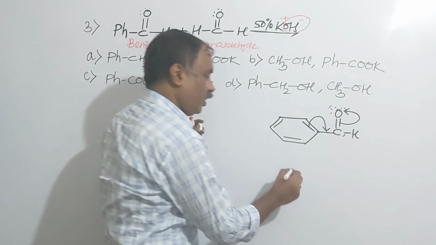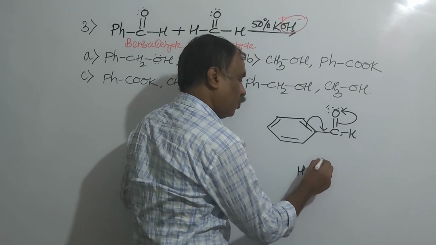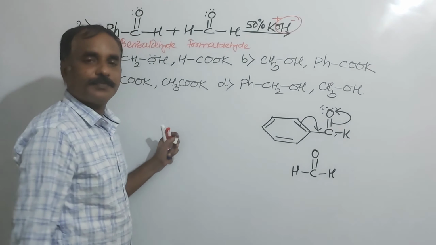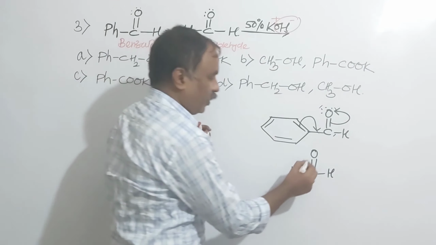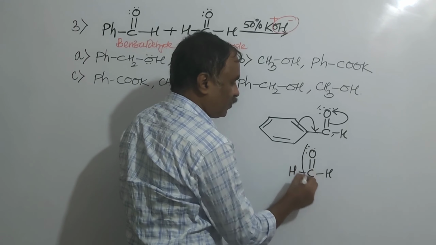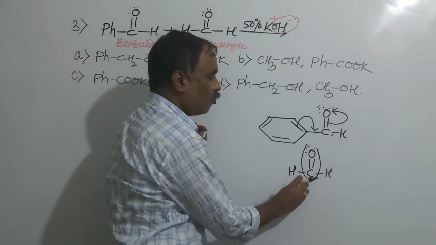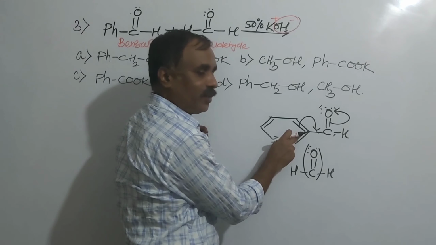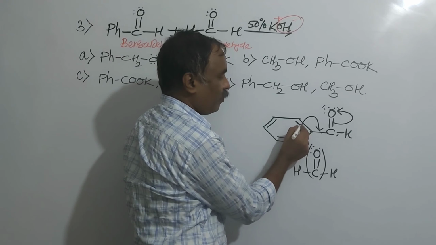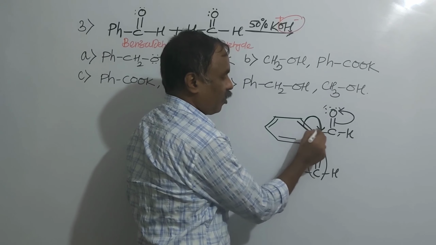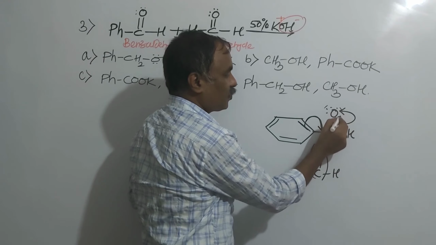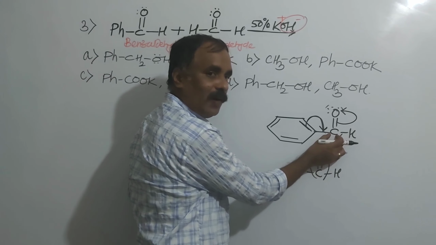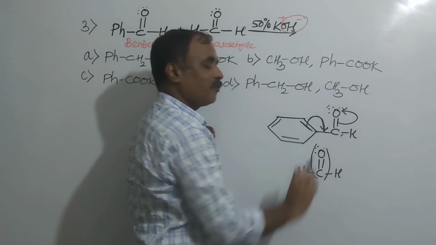But in the case of formaldehyde, there is no resonance effect and no positive inductive effect. So here this carbonyl group is electron deficient. There is no backup to this carbonyl group, whereas in benzaldehyde there is a backup of pi electron density, shifting of the pi bond, so electron density increased and the electron deficiency of the carbonyl group decreased.